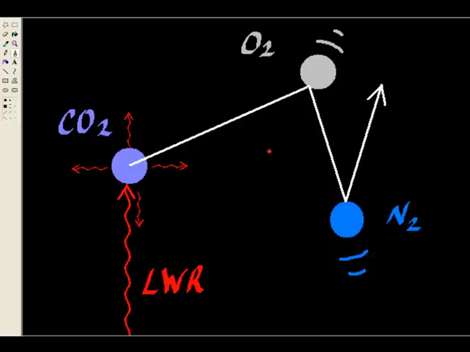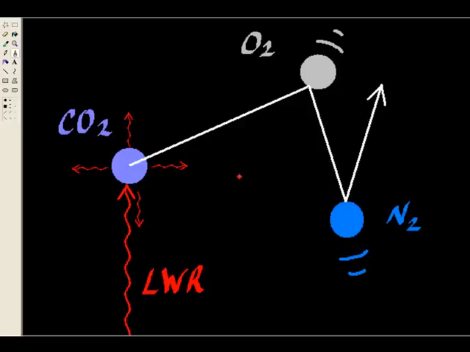Just like I mentioned earlier in the lesson, the molecules in the air are colliding with each other billions of times a second, and when they collide, the vibrational energy from this CO2 molecule, when it makes contact, for example, with an oxygen molecule, it will transfer its heat, which is the same as its vibrational energy, to the oxygen molecule.